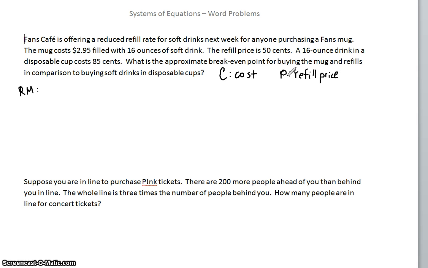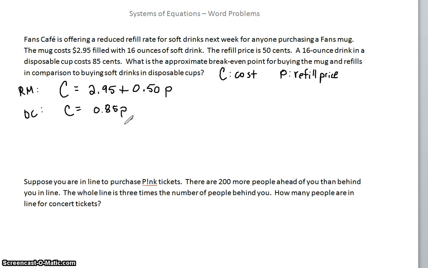refill price. So with the refillable mug, we're going to need to buy the mug for $2.95, and then each time we fill the mug up, it's going to cost us 50 cents, so times P. For the disposable cup, the cost is just a set value of 85 cents per time that you drink.